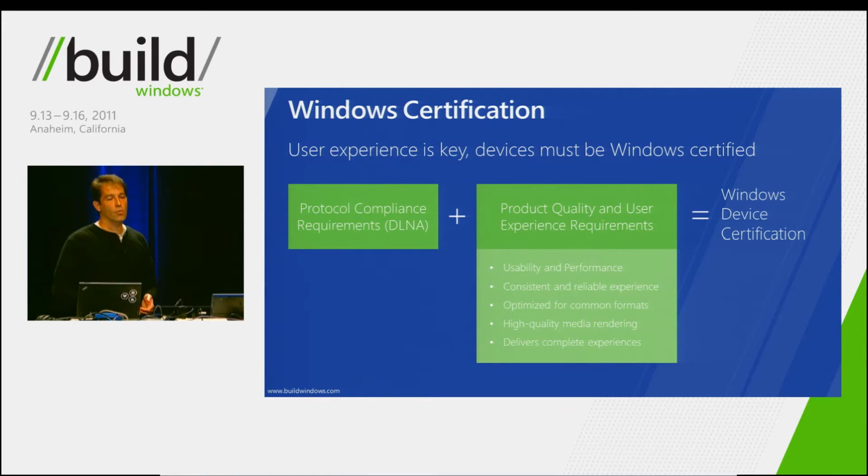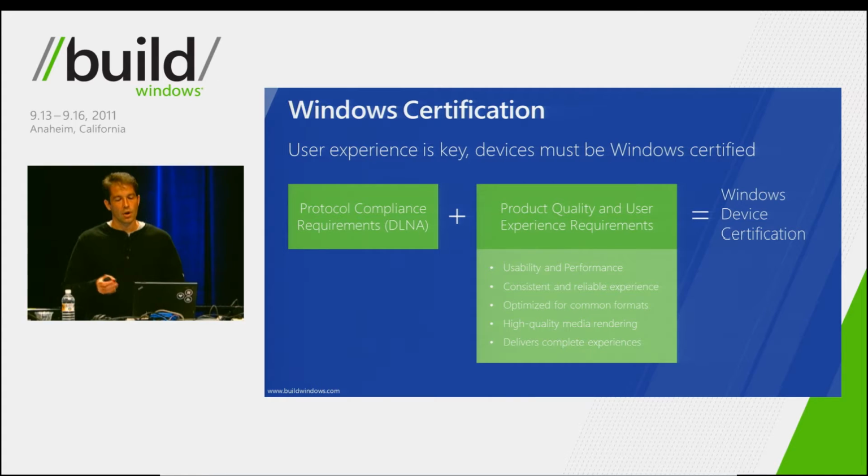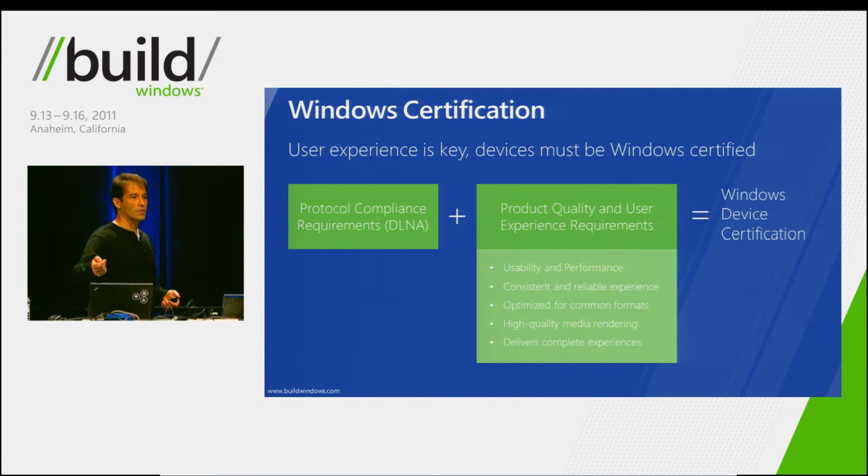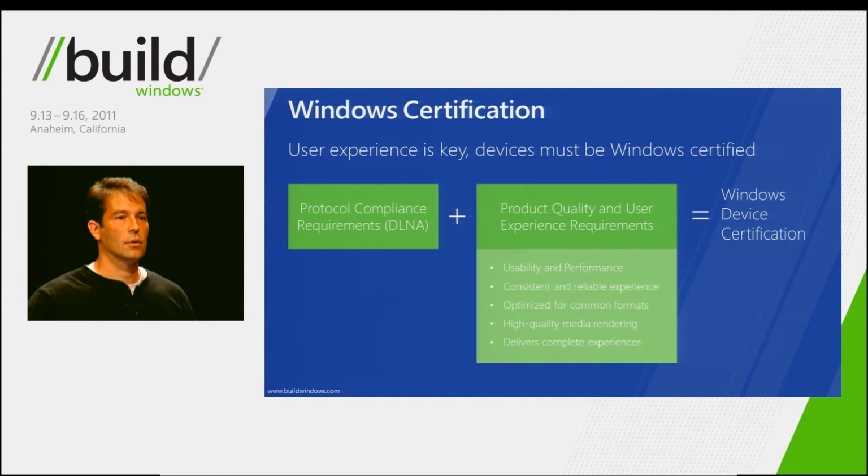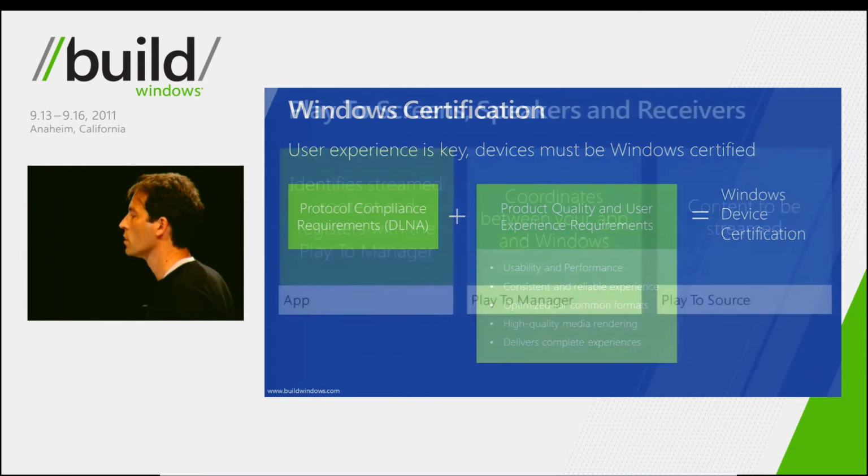And so we wanted to make sure that, for example, if you select media in an application and you stream it to a television set, that it queues up very quickly, that the right codecs are installed, that you don't really have to mess around with the technology, and you have a great experience with it. So that's why there's a Windows certification that's required.